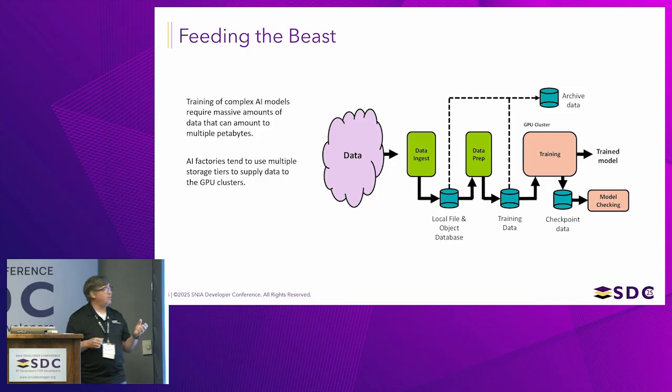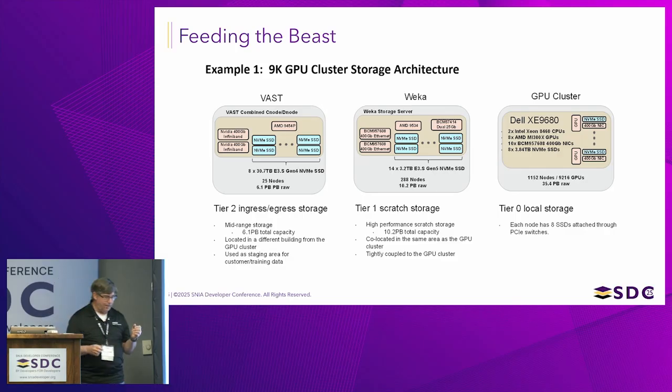So what I want to do is give you a couple of examples of what we're seeing in actual customer deployments. Here is an example. This is a 9,000 GPU storage cluster that we were involved in putting together.